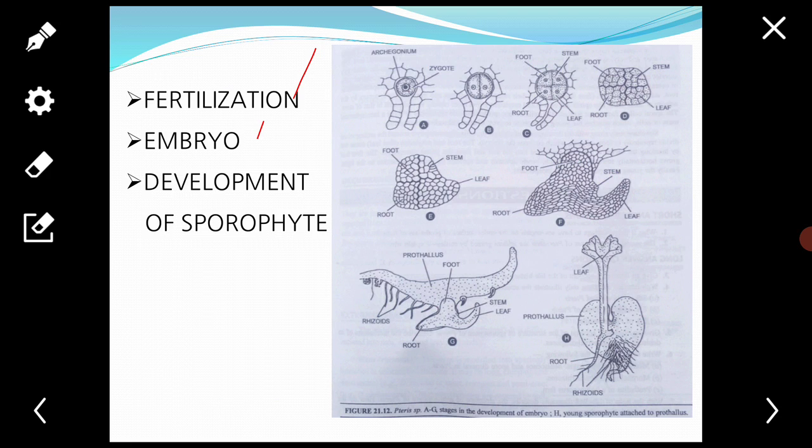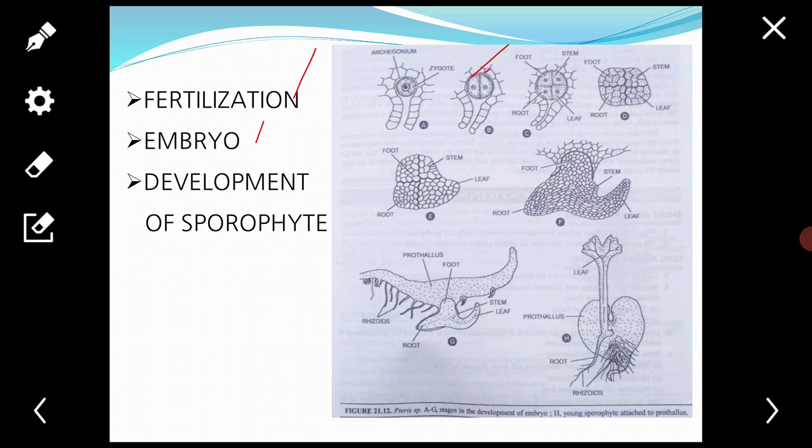It is neither exoscopic nor endoscopic. The zygote divides by a vertical wall parallel to the long axis of the archegonium, forming two unequal cells. The smaller cell toward the anterior side of the prothallus is the epibasal cell, and that towards the posterior side is the hypobasal cell.